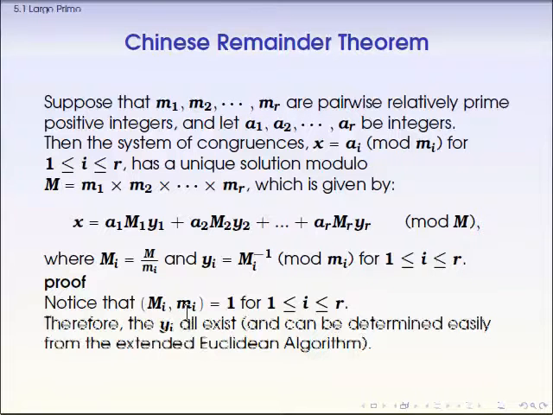So this is clear. And because of that, the yi must exist, right? Because yi is the inverse of capital Mi modulo small mi, and capital Mi doesn't have any common divisor with small mi, so it should have the inverse of it.